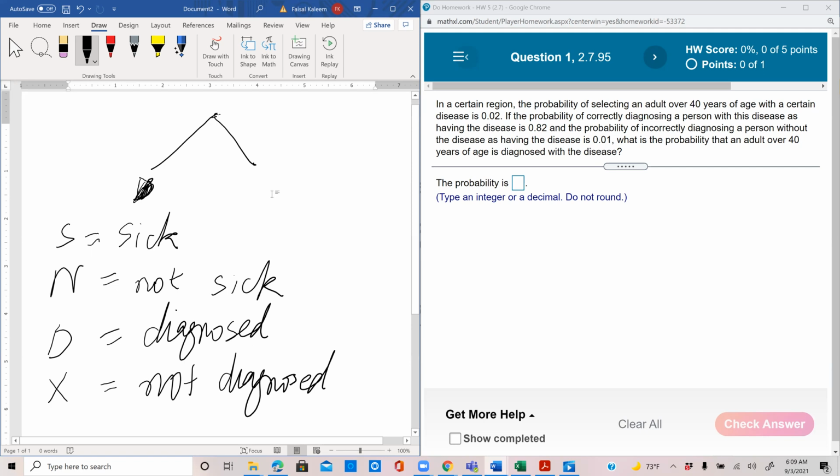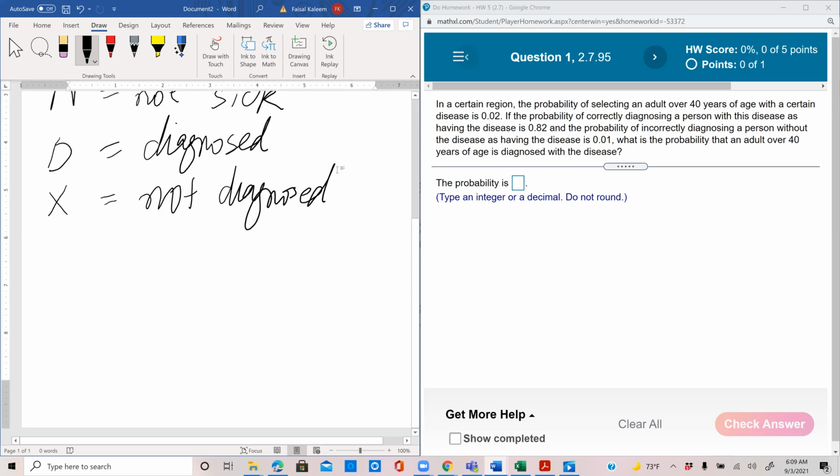Okay. So now the tree that we will get is sick, not sick. The probability of a disease is 0.02, so 0.02 that you have the disease, and 1 minus 0.02, which is 0.98, that you don't. If you are sick, the probability of correctly diagnosing the disease is 0.82.